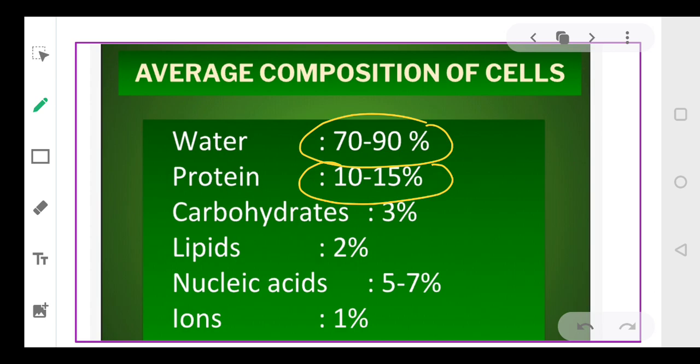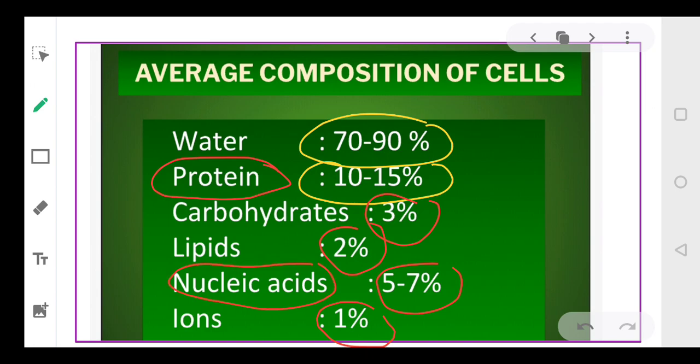Lipids, carbohydrates, you can see they are only 3% and 2%. So very less in amount. Nucleic acids are 5 to 7%. Ions are 1%. So the majority components among the macromolecules are proteins and nucleic acids.